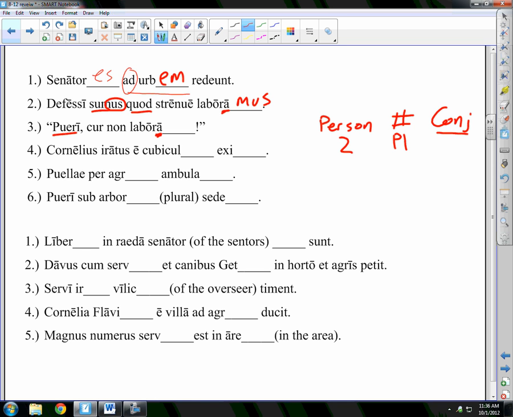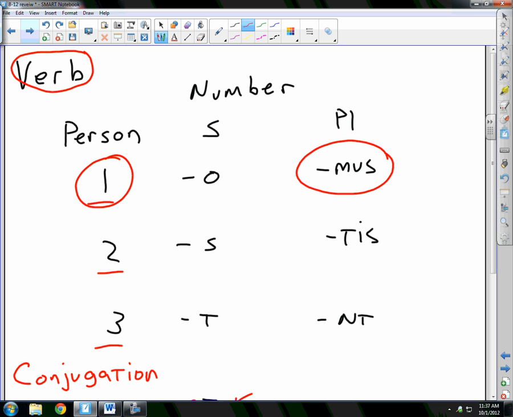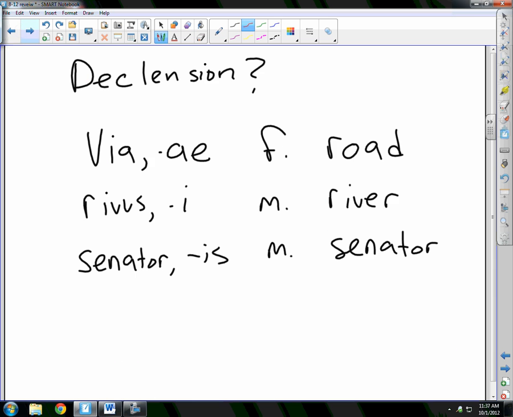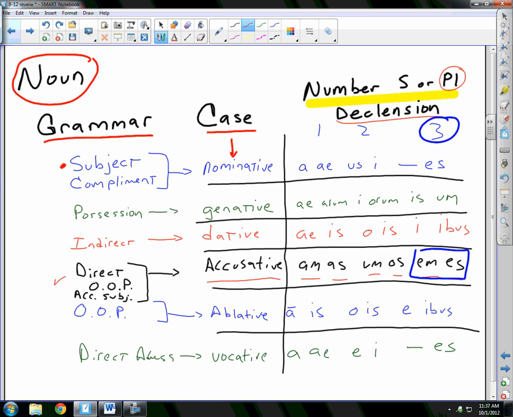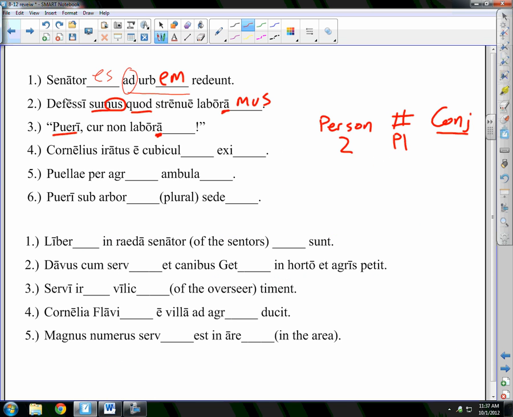That's why it gets that a. So what is the ending for the second person in plural? Second person, right here, in plural, is tis. So I'm going to put tis. So that's how I'm dealing with those so far.